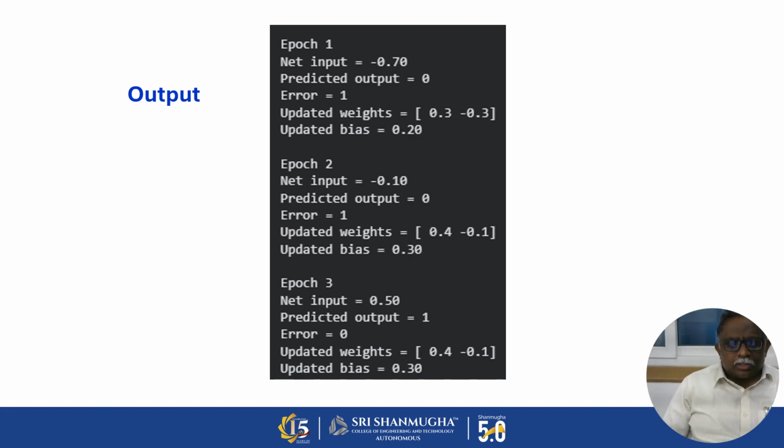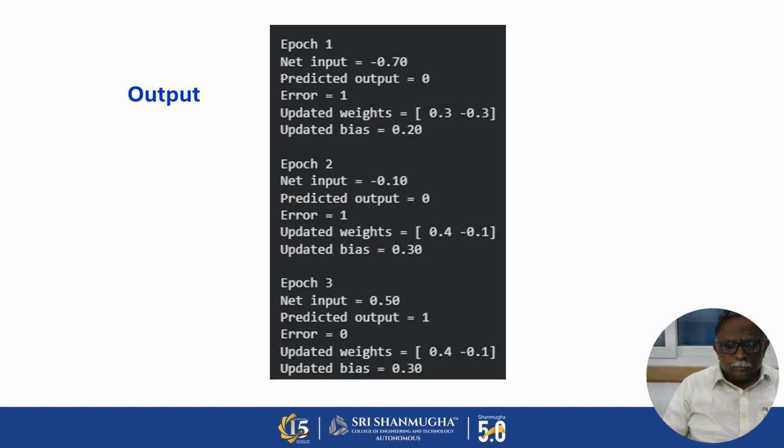In the first epoch, the net input is minus 0.7, which is less than 0, so the predicted output is 0. The actual minus predicted is 1 minus 0, so the error is 1. So the weights are updated as follows.